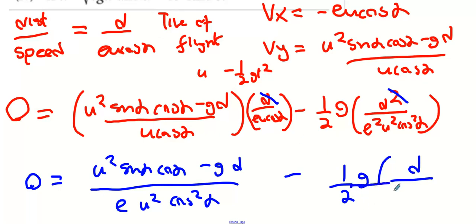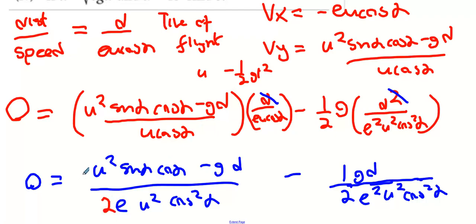So 1 gd on top, yeah? So 1 gd on top. And then what else? 1 gd on top and 2 e squared u squared cos squared alpha. What should I do to both sides? Multiply that by 2. Multiply that by 2. And multiply that by 2.